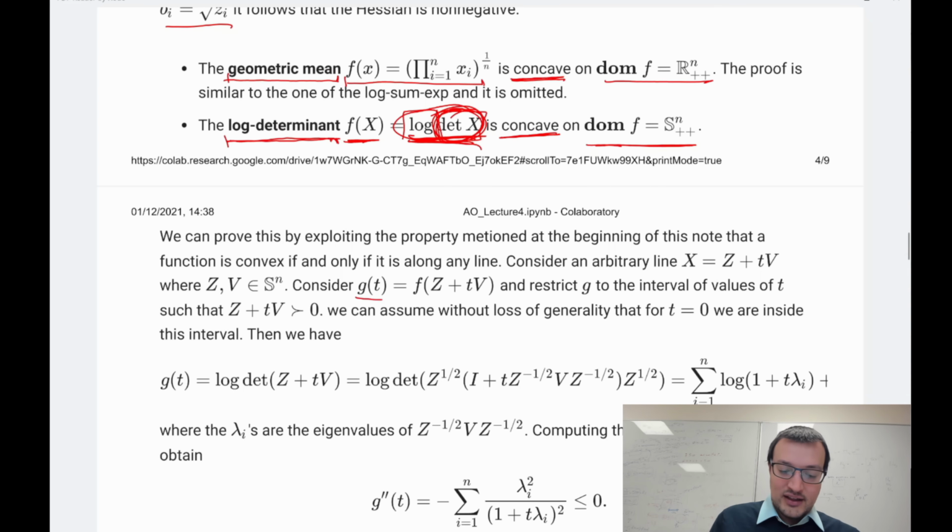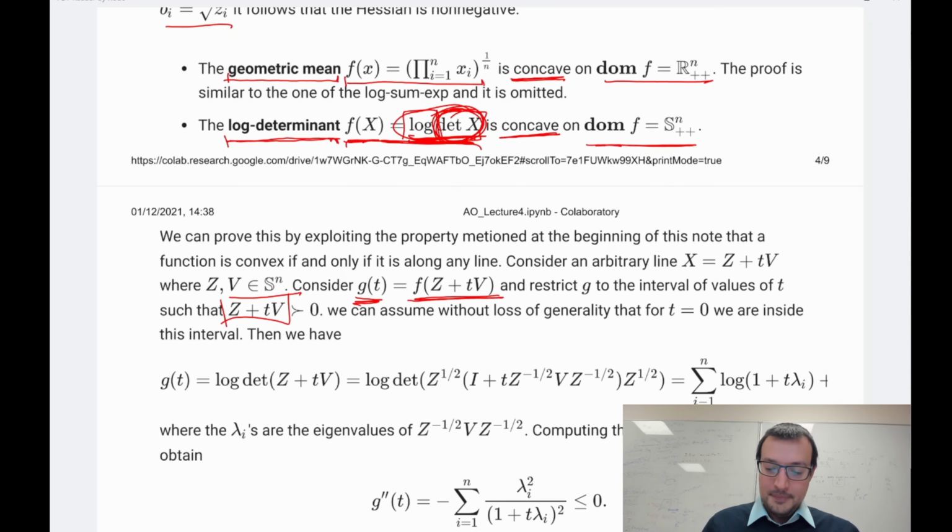So we define g of t as the function f of z plus tv, where f is defined as the log det, and z is a point in the domain of f of x. That means that z is in S++, and without loss of generality, we can assume that z plus tv is in S++.